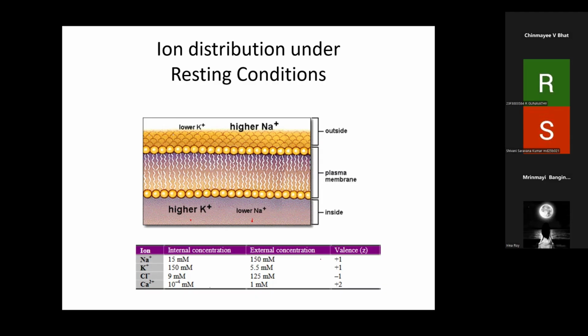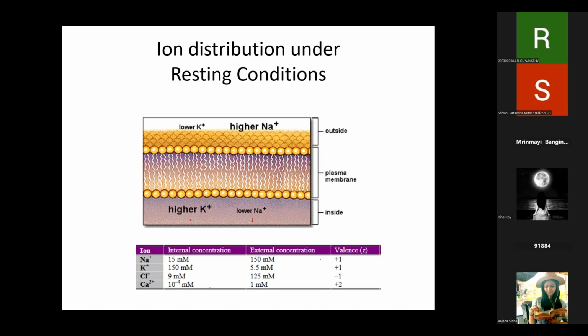Inside the neuron, that is in the cytosol, sodium ions are at 15. The typical figures vary from cell to cell and also based on the situation. Inside, sodium is 15 millimolar, outside is 150 millimolar. And potassium inside is 150 and outside is 5.5. So basically, sodium is low inside and high outside under resting conditions. And potassium, it's the other way around, high inside, low outside under resting conditions.